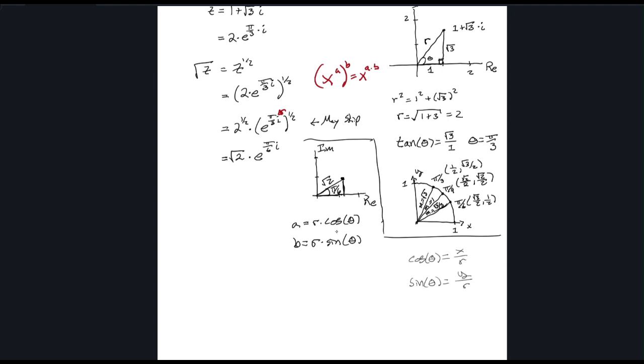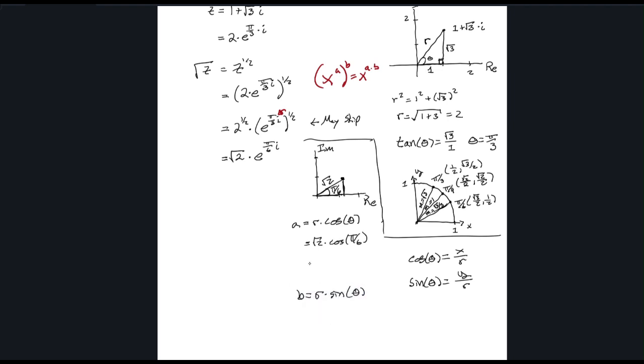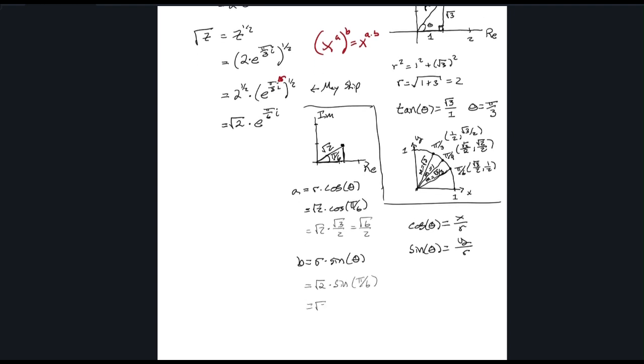So for this particular example, we get that a value is equal to √2 times the cosine of pi over 6. And cosine of pi over 6 is √3 over 2. Then our b value is r times sine of theta, which is √2 times sine of pi over 6. Sine of pi over 6 is 1/2.